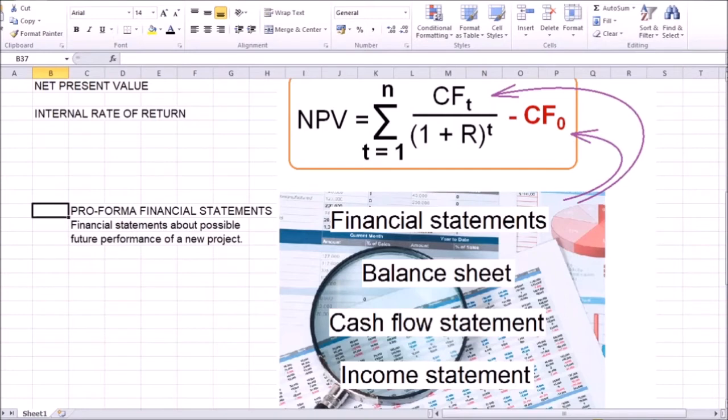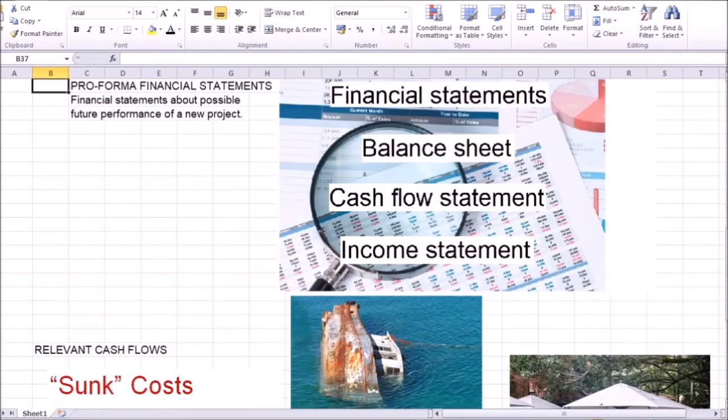But before actually looking at some examples of financial statements, some examples of cash flows, it's important to understand which sort of cash flows are relevant and which aren't. There are actually a bunch of different types of cash flows that might be somehow related to the new project, but not all of them are actually relevant to the calculations.